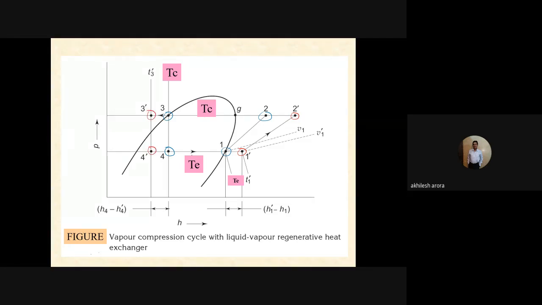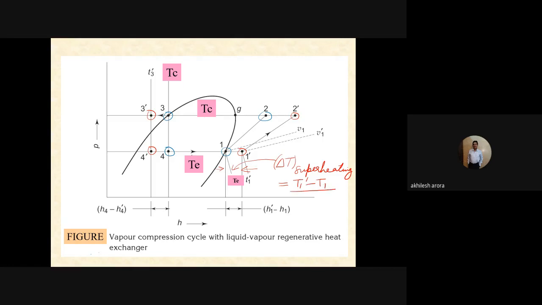So it means there is superheating of the refrigerant vapor. Now this is delta T superheating, and the value is equal to T1 dash minus T1.